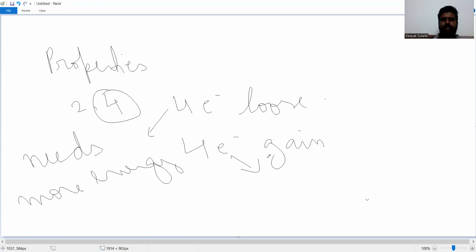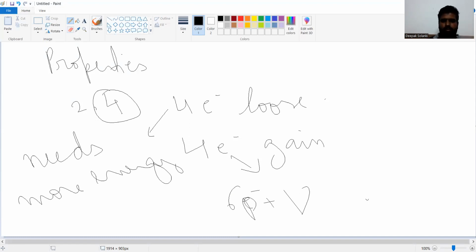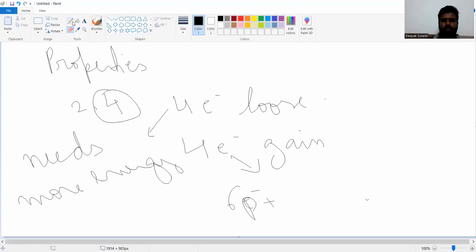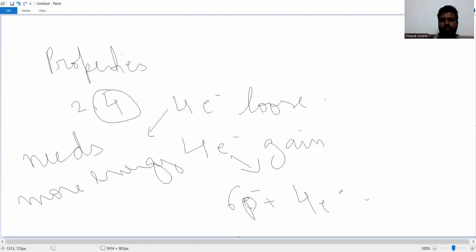In the case of gain, we know that 6 electrons and 6 protons are already present. So if we add 4 electrons here also, then there will be a total of 10 electrons.